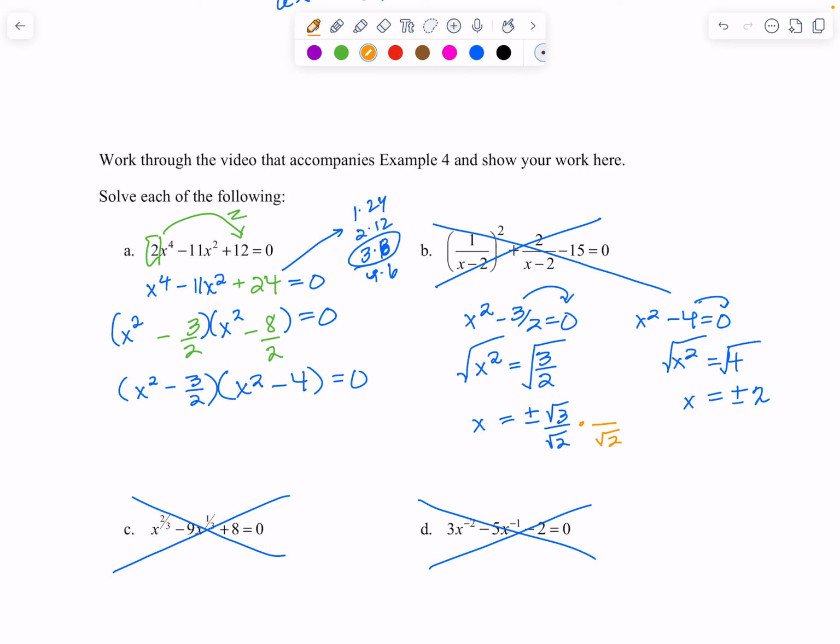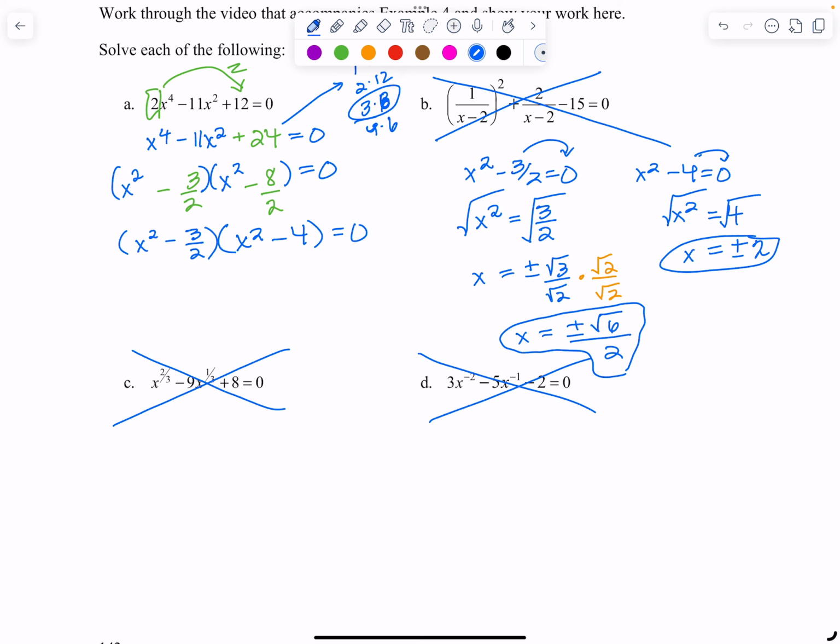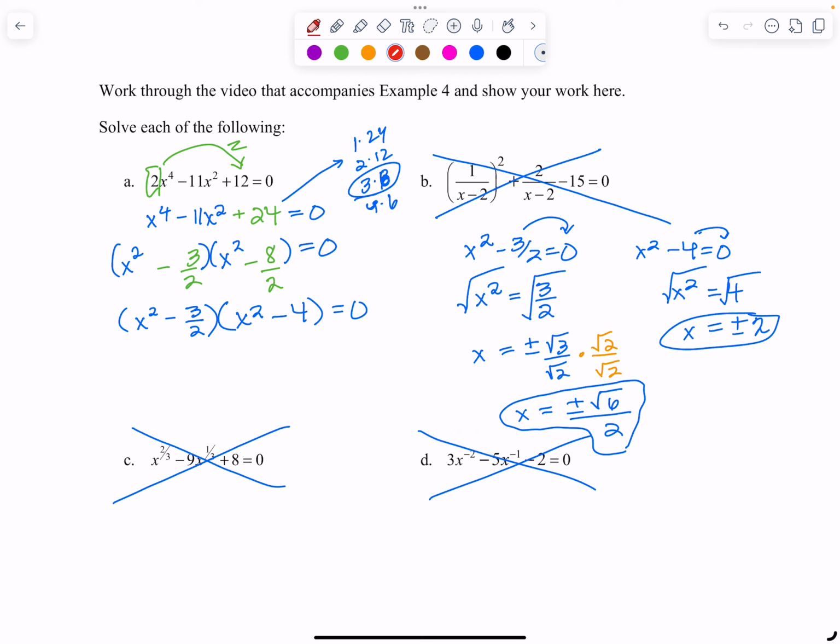I'm not allowed to have the square root of 2 on the bottom, but I can have a regular old number on the bottom. So I'll get x equals plus or minus the square root of 3 times the square root of 2, which is the square root of 6, over the square root of 2 times the square root of 2, which is 2. So we've got these two answers and those two answers. And that makes sense because we have x to the 4th.